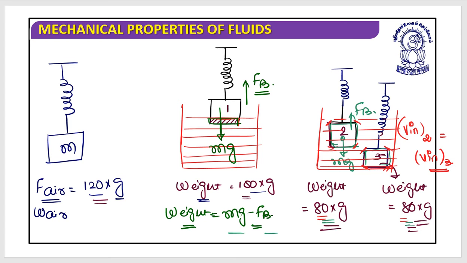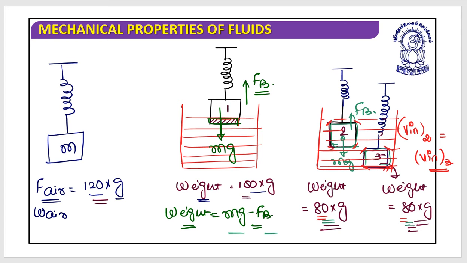When both the volumes inside are equal, that means they have the same force of buoyancy. I hope this is clear. Have you got this? Great. So this was the situation.